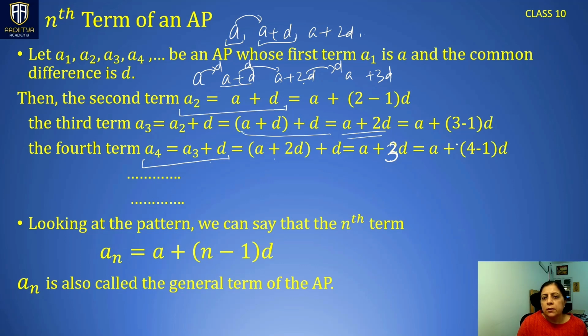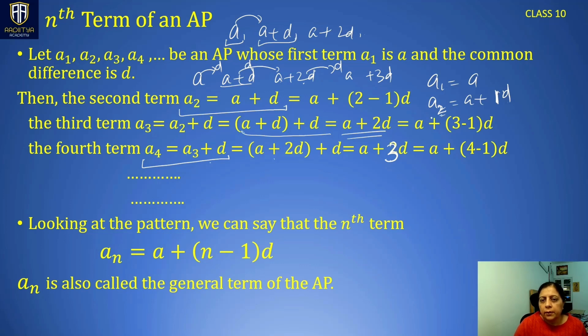Now here you have to make a pattern. So what we do is, we write a1 is equal to a, a2 is equal to a plus 1d. You can see that if we are finding the second term, the coefficient of d is 1, right? That means 1 less than the number of the term.